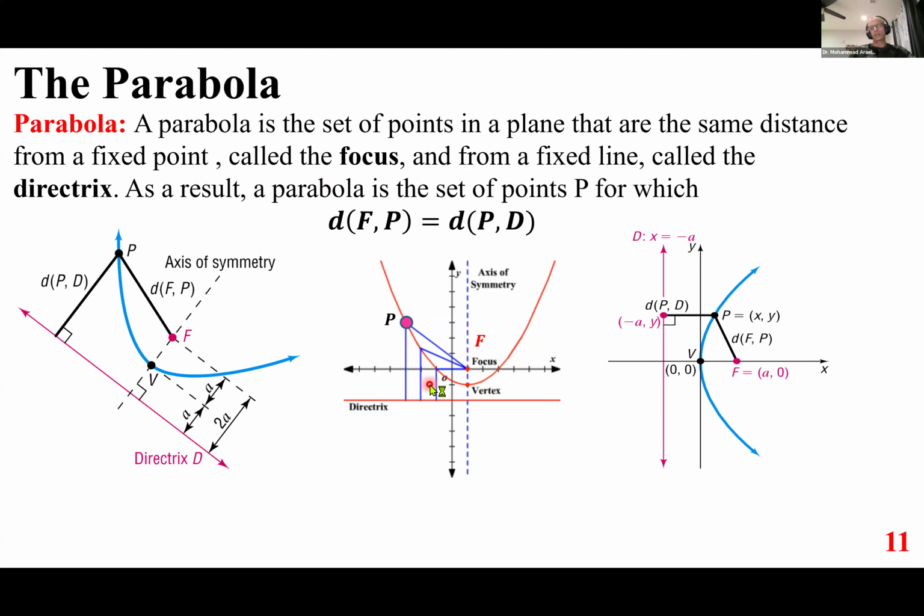In all of this, you pick a point, connect it to the focus, and drop a perpendicular to the directrix. As you can see, this distance and this distance must be the same. We are looking at this distance and this distance.